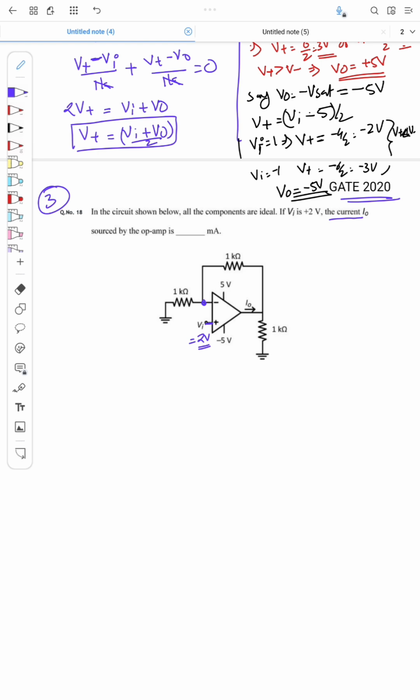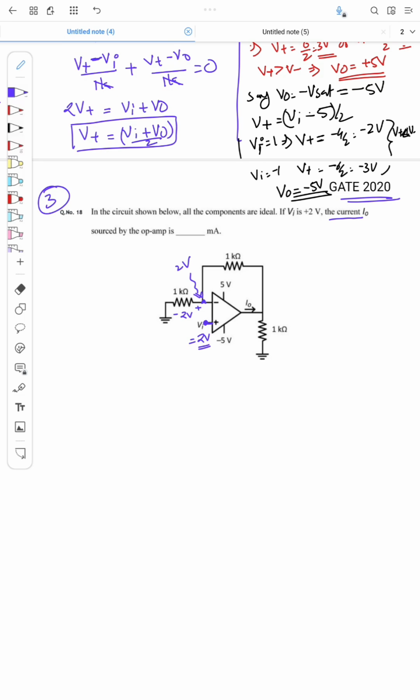Whatever voltage is here, the same voltage will be reflected here due to the virtual ground concept. So the voltage here will be 2 volt itself, and there will be a current flow.